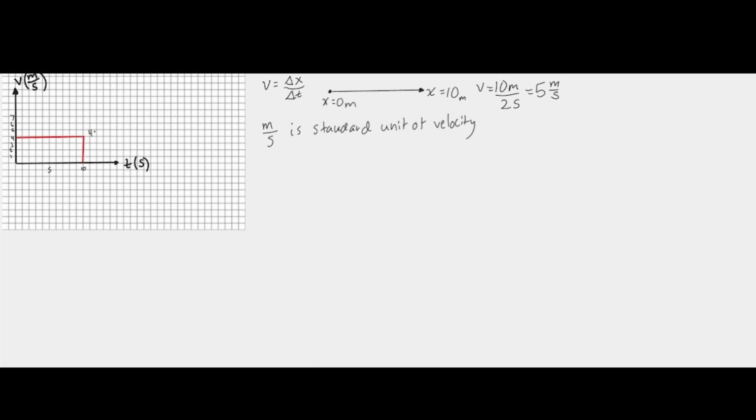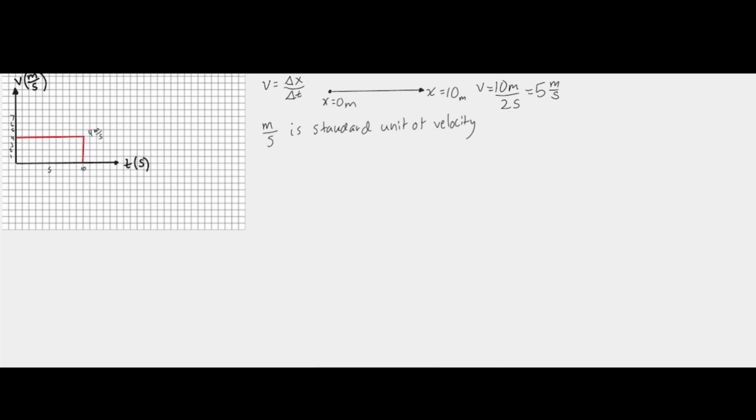Notice that is the height of this graph, or you can think of it as the y value. The height is 4 meters per second, and that is the velocity. And on what we would consider the x-axis here, I have time. We can see that we have traveled 4 meters per second for 10 seconds.